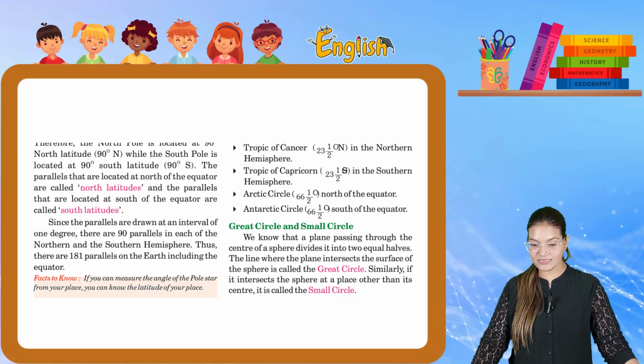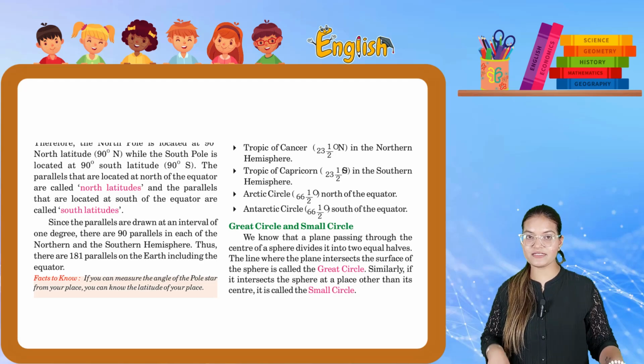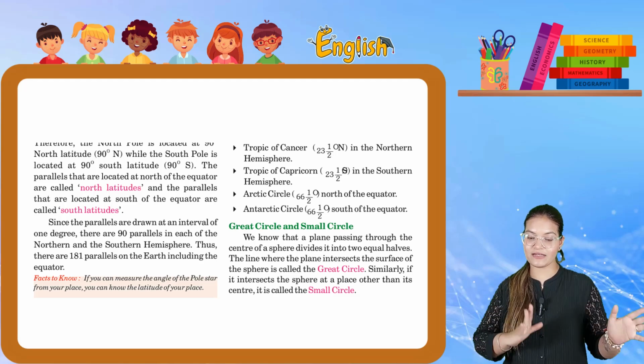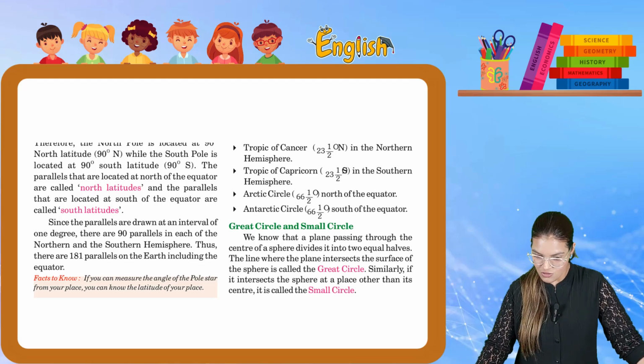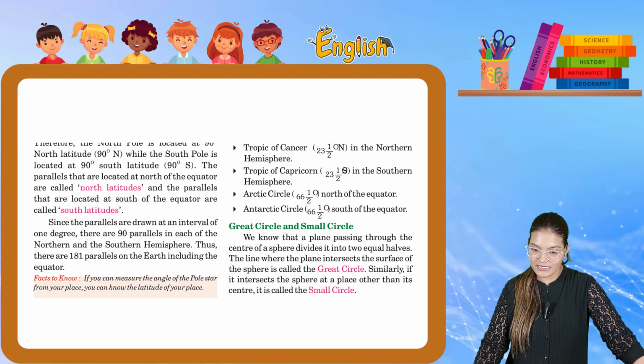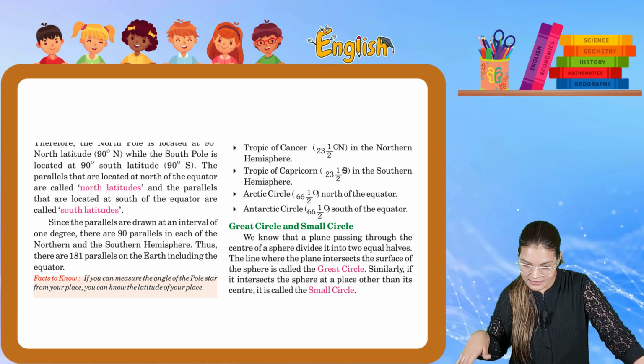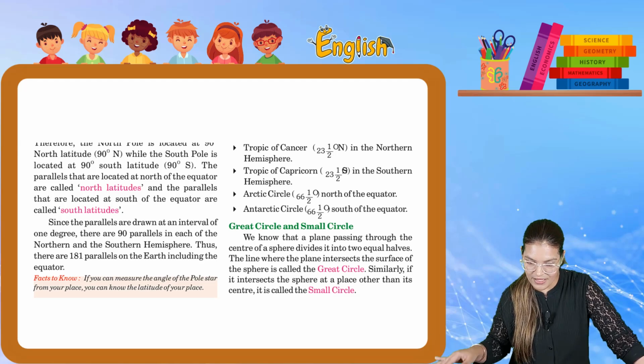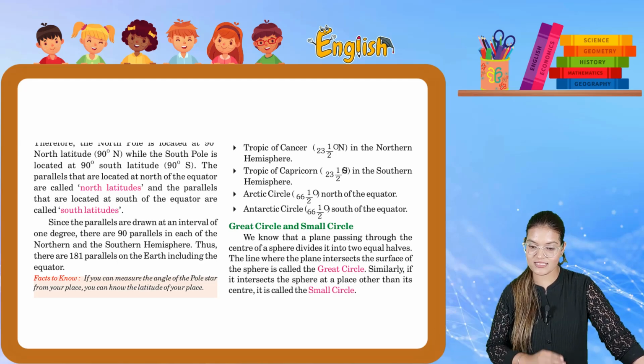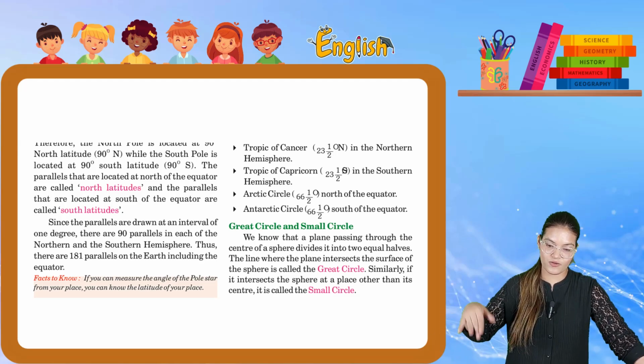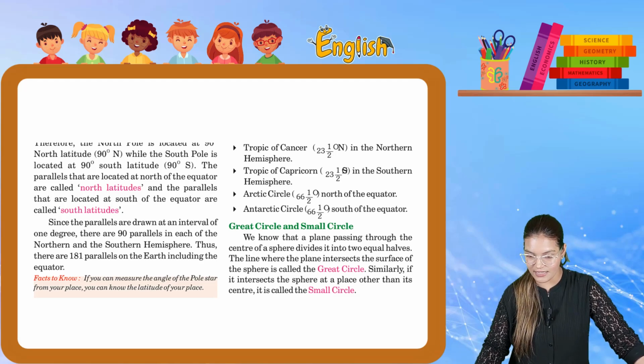Great circle and small circle. So tell me what do you understand by great circle and small circle? So great circle is the line where the plane intersects the surface of the sphere through its center, that is called the great circle. जहां से plane intersect करता है उस sphere में, that is called the great circle. ठीक है. और small circle क्या होता है?